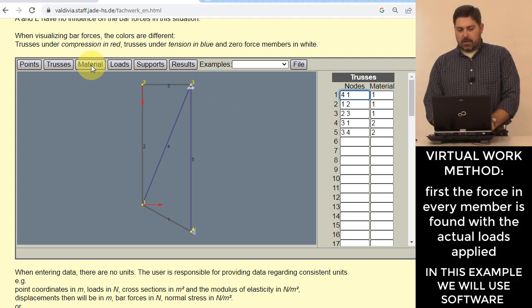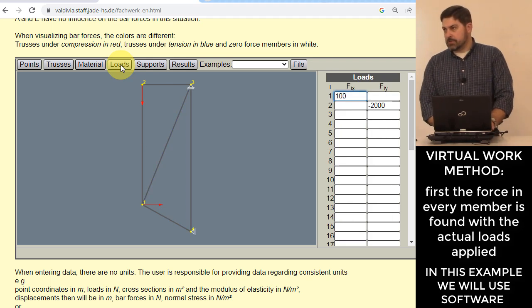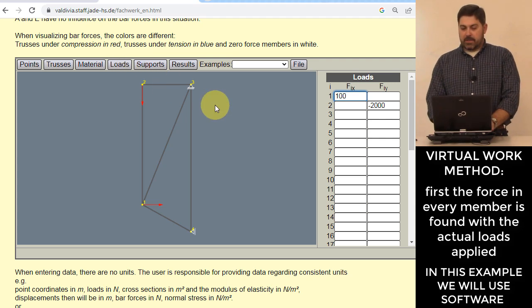All right, this is where it starts to get interesting, is when I get over to the tab that says loads, right? And what we're doing at this point in the problem is we are going to put on the actual loads that the structure really is carrying, okay? And so we had a 2,000 Newton load at joint 2 up here. I guess on the figure that was joint D, okay?